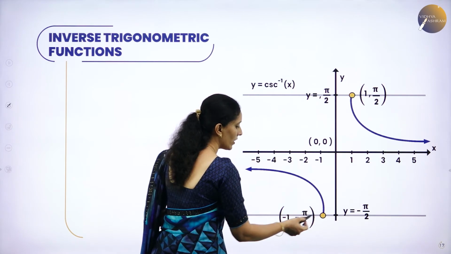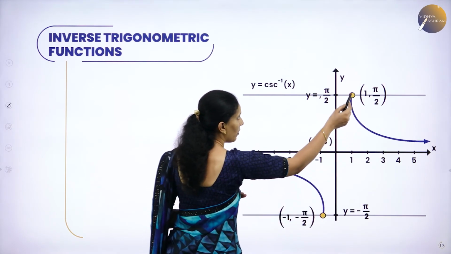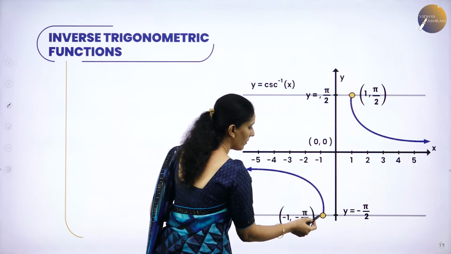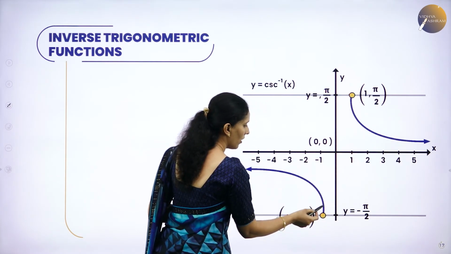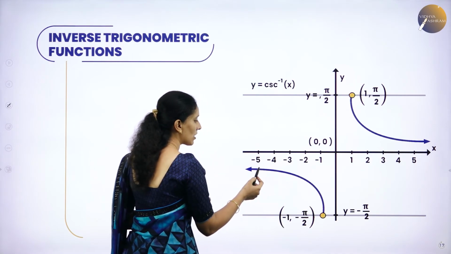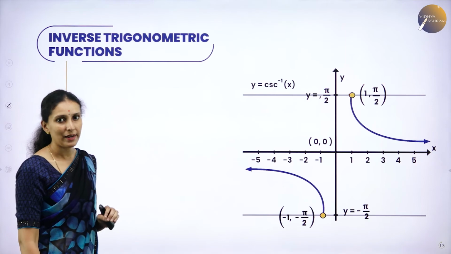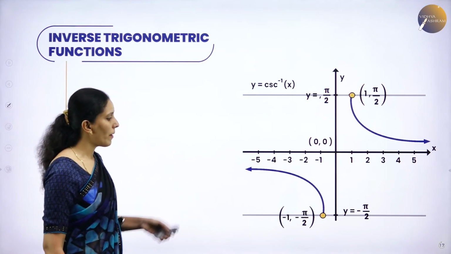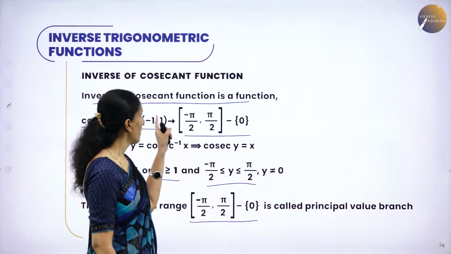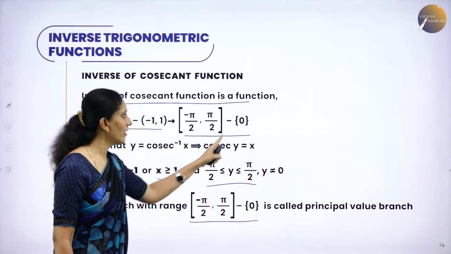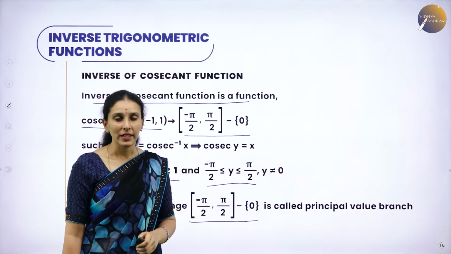For -1, it is -pi by 2 and for +1, it is pi by 2. The graph goes like this, and this is the point (-1, -pi by 2). From here, for all values less than -1, the graph moves towards -infinity. Thus, the domain we say is R minus (-1, 1), and this is the range of the function.